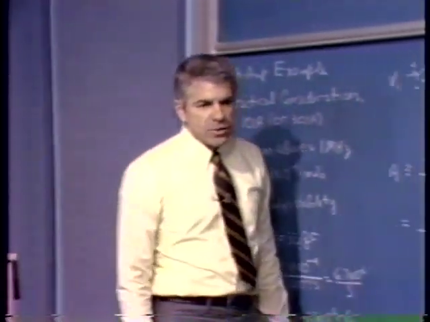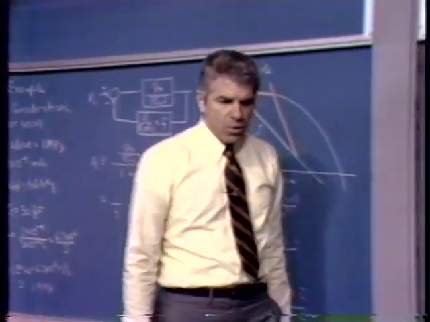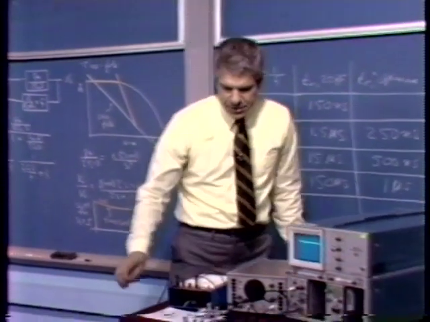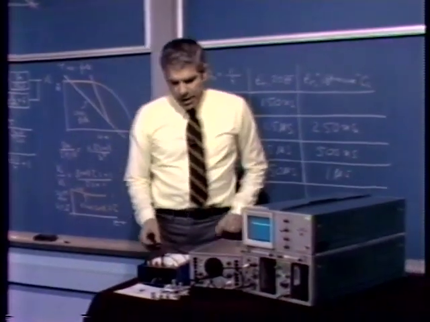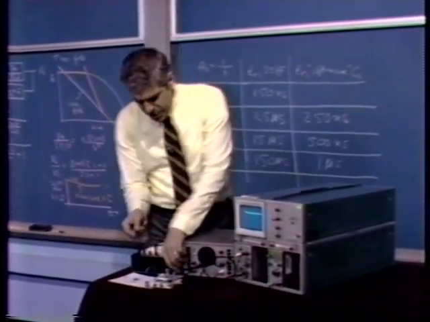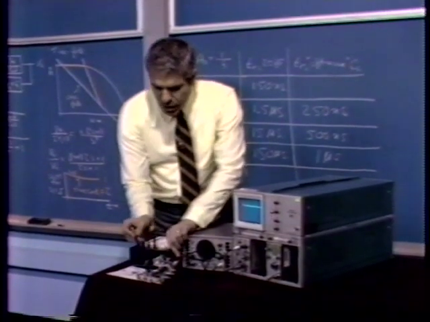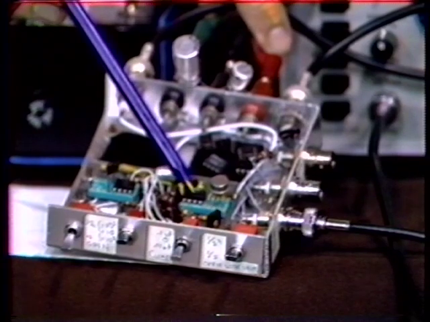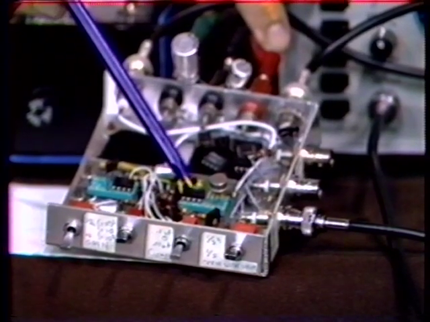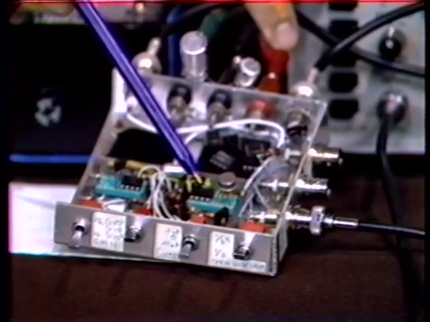Again, I'd like to look at the results of using 1 over s squared compensation. Here we have another part in our system, where we have the amplifier that allows us to look at 1 over s squared compensation.